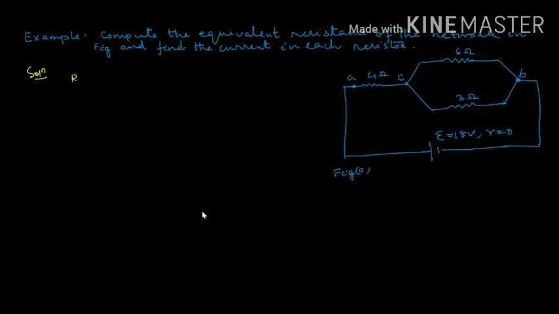So the equivalent resistance between C and B, the rule is product by sum of resistances, that is R1 R2 by R1 plus R2. 6 ohm into 3 ohm divided by 6 ohm plus 3 ohm. So this is 18 by 9, that is equal to 2 ohm.